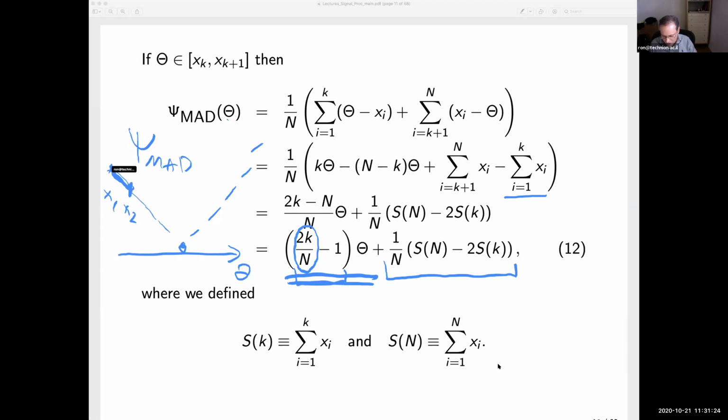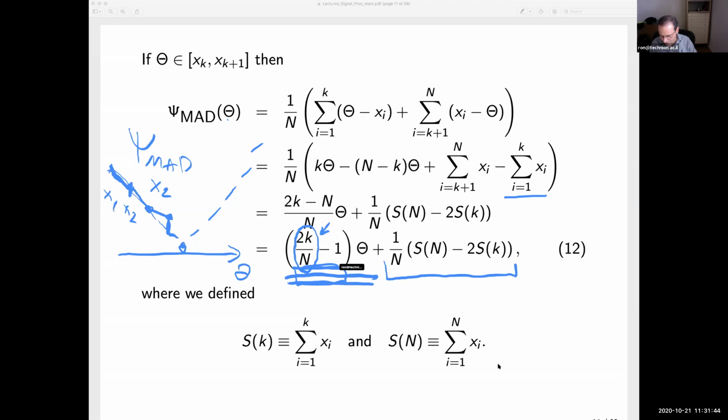Okay, and I continue. Now I'm choosing my theta between x2 and x3. Again, this is still smaller than 1, so the slope is still negative. And I continue my journey, etc., until when? Until I get a 0 here.